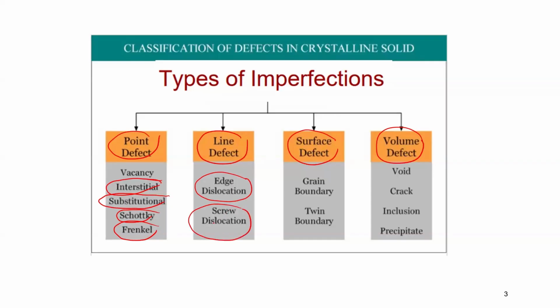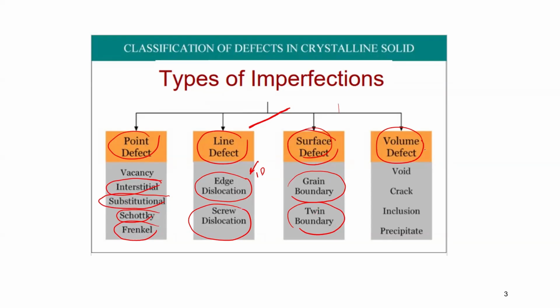We can have surface defects, which involve a surface. A point is zero-dimensional, a line defect is just 1D, along a line. But a surface may be two-dimensional, so grain boundary defects and twin boundary defects are the surface defects.